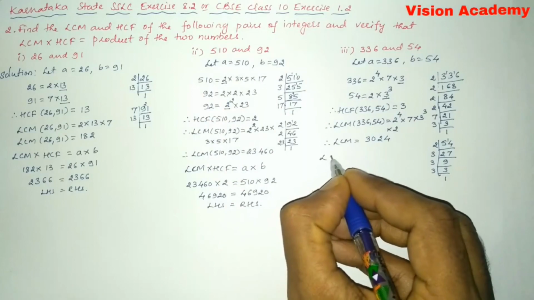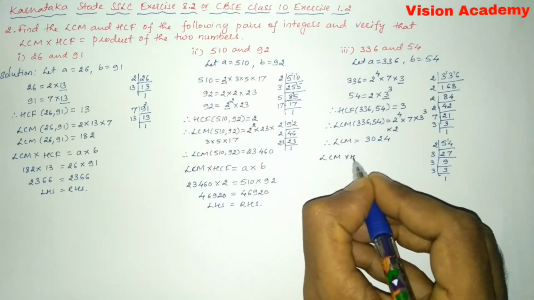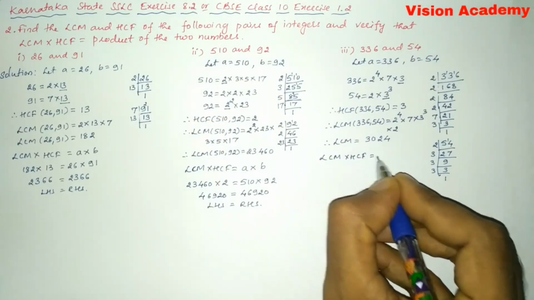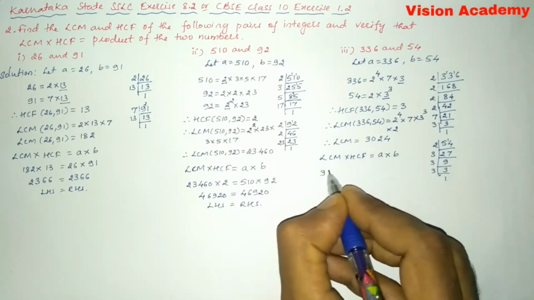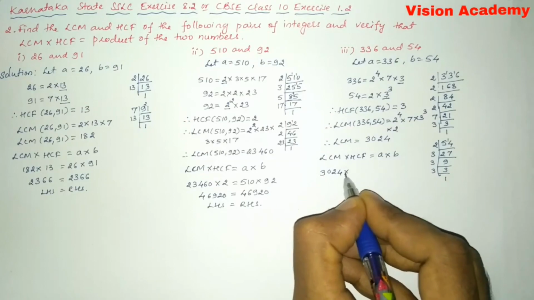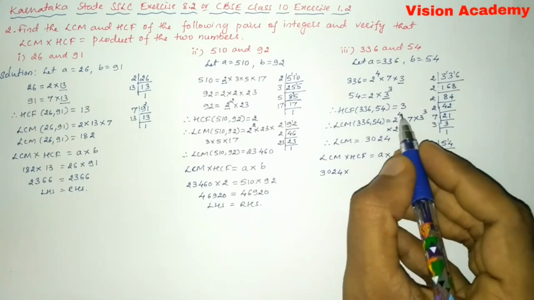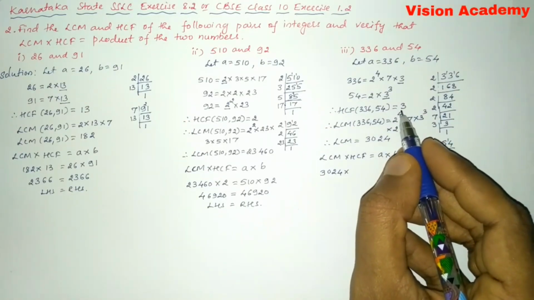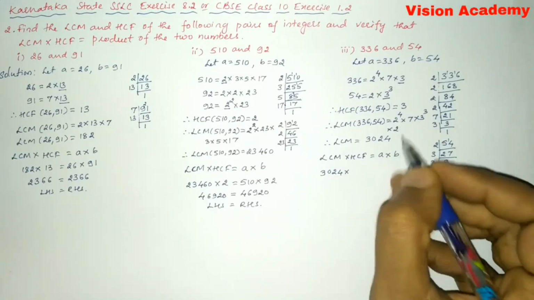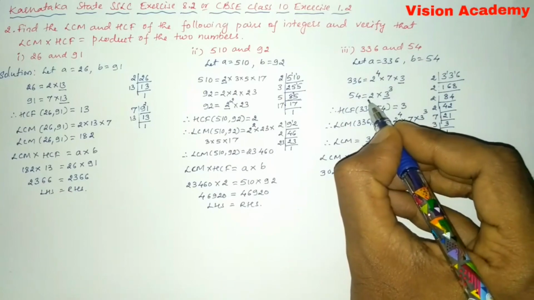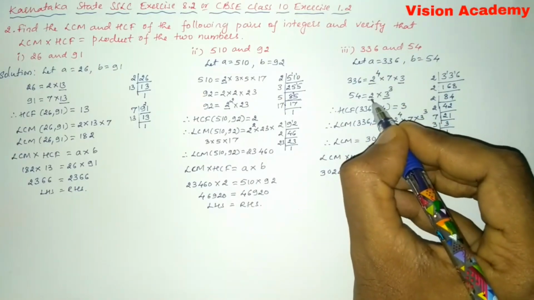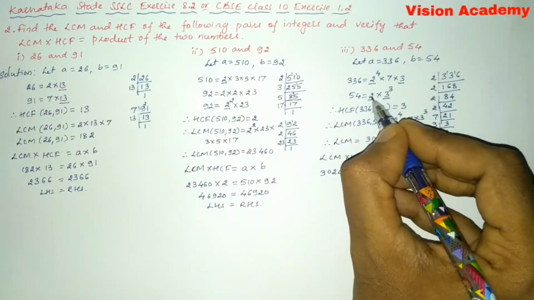Now let us verify LCM into HCF is equal to product of two numbers or not. Here we'll write LCM into HCF is equal to A into B. So here LCM is 3024 into HCF is, here it is 3. Here we forgot to mention one more term in the HCF, that is 2 is a common term, but the lowest power of 2 is 2 to the power 1.